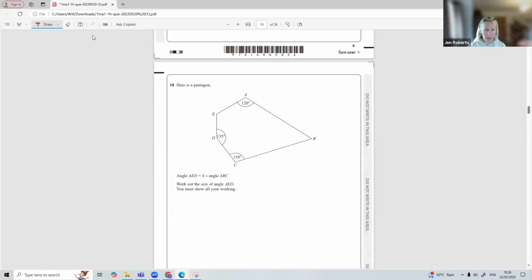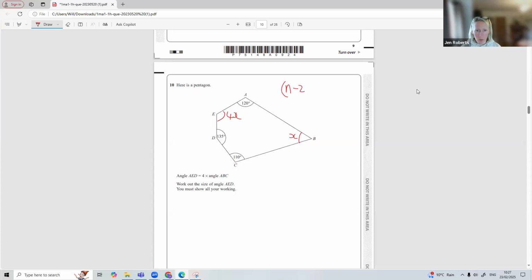Pentagon. AED equals 4 times angle ABC. I'm going to call ABC x, and if this is 4 times this, so it's 4x, right? Now, what's angles in a pentagon? You might just know it's 540. You might want to use the angles formula.